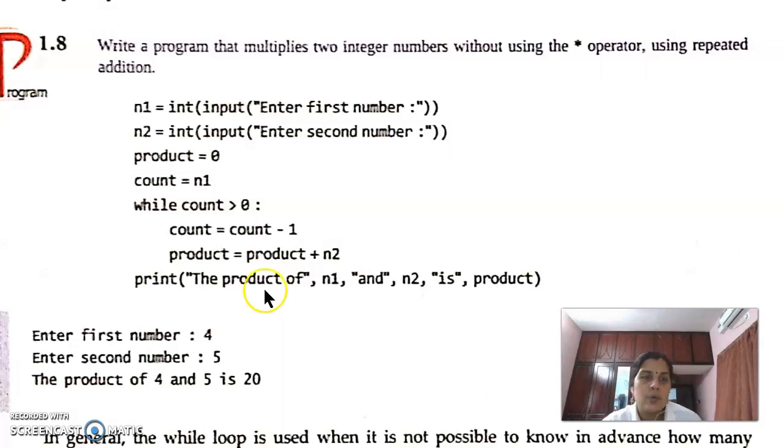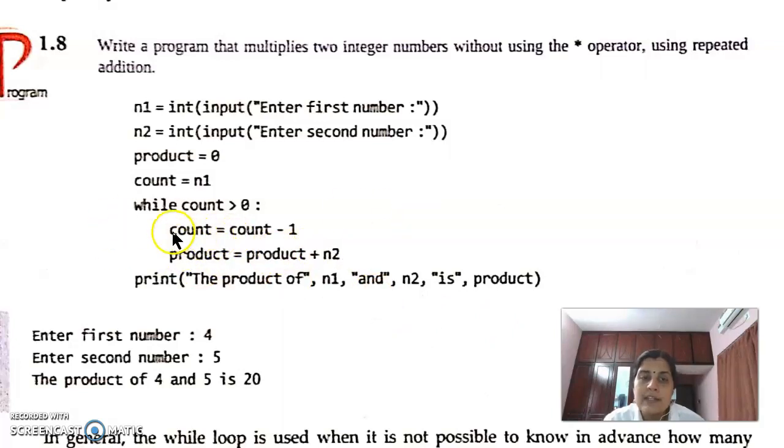So first two values are inputted, n1 and n2, which are converted into int, and product equal to 0. This is the assignment. Inside the while loop, while count greater than 0, where count equal to n1, the first value we are supplying, if it is greater than 0, then count is decremented.